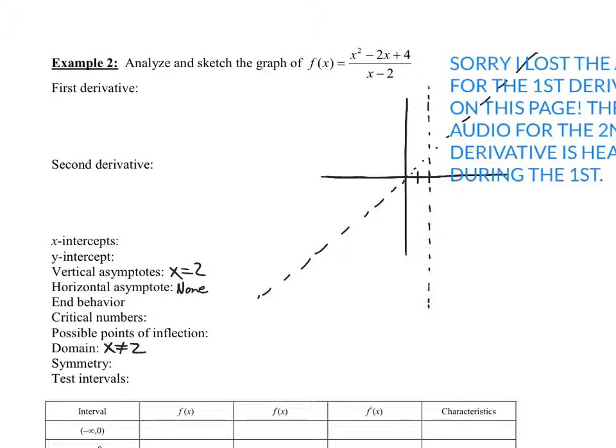For this numerator, can't we just use the quadratic formula? Yes. But remember, the part of the quadratic formula in the radical determines if you actually have two real solutions if it's positive, one real solution if it's 0, and imaginary or complex solutions when it's negative.